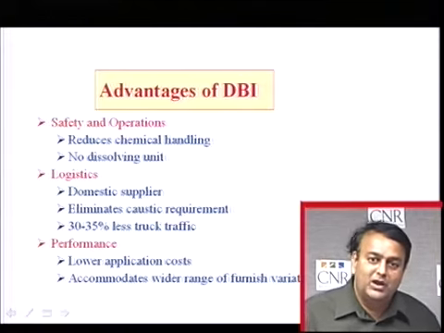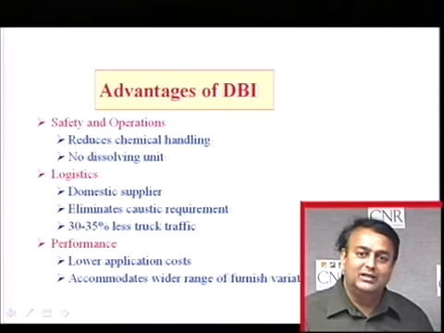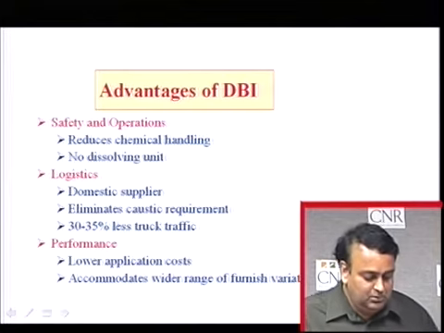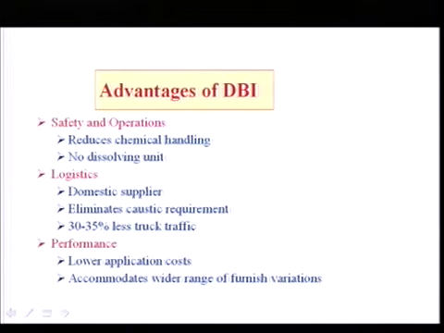This is perceived to be a significant advantage, particularly if your recycled mills are in the city. And performance wise, there is lower application cost, and because of the multiple reductive species available, it accommodates a wider range of furnish fluctuations or variations.